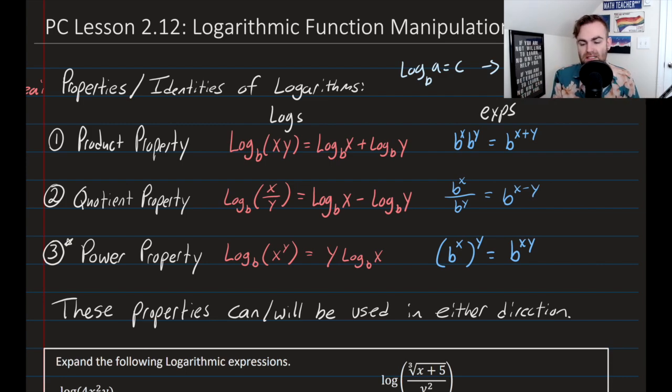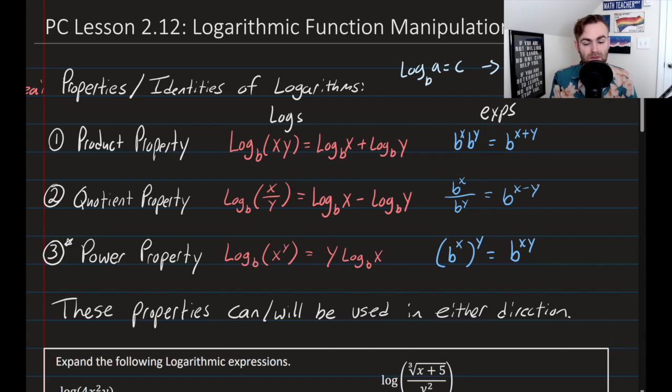So if I multiply b to the power of x and b to the power of y, multiplying two results is the same as adding the exponents with the same base. So if I multiply results on the inside, it's the same as adding the exponents. Interesting connection there.